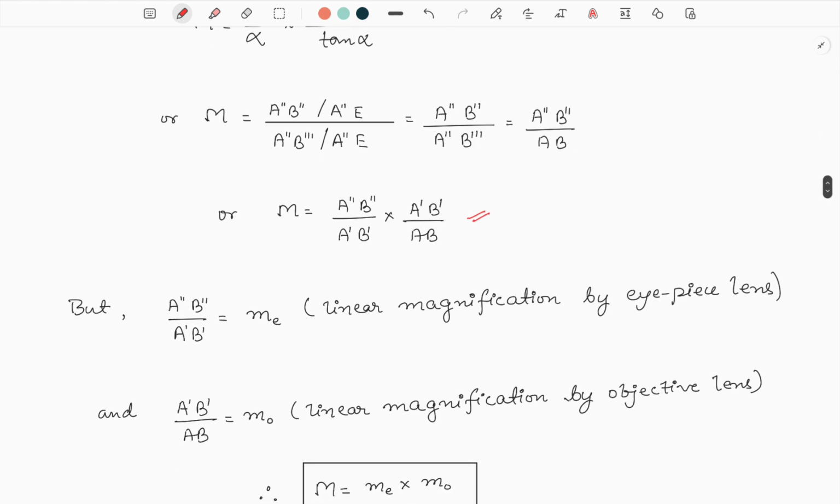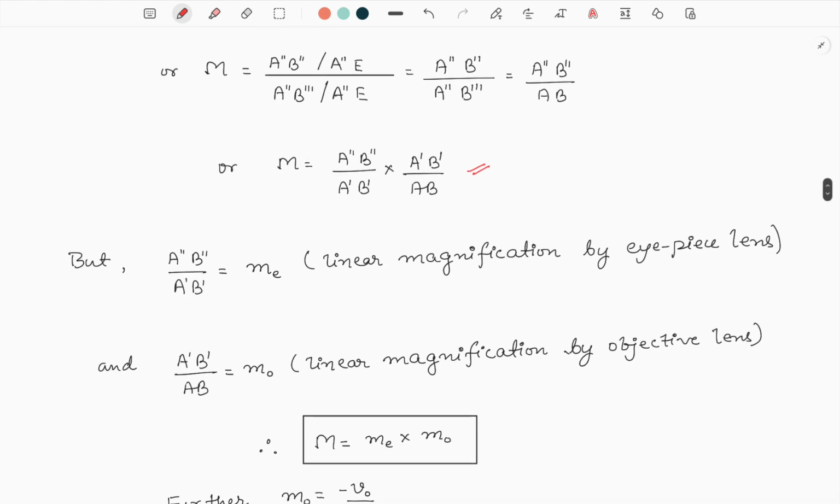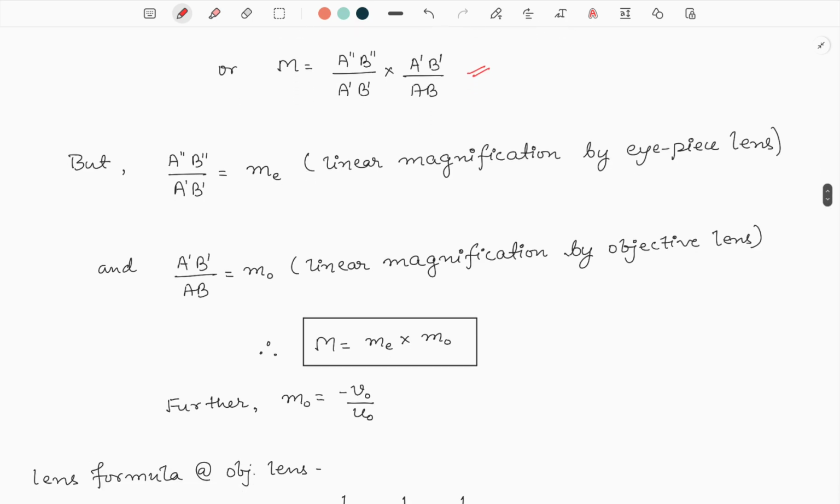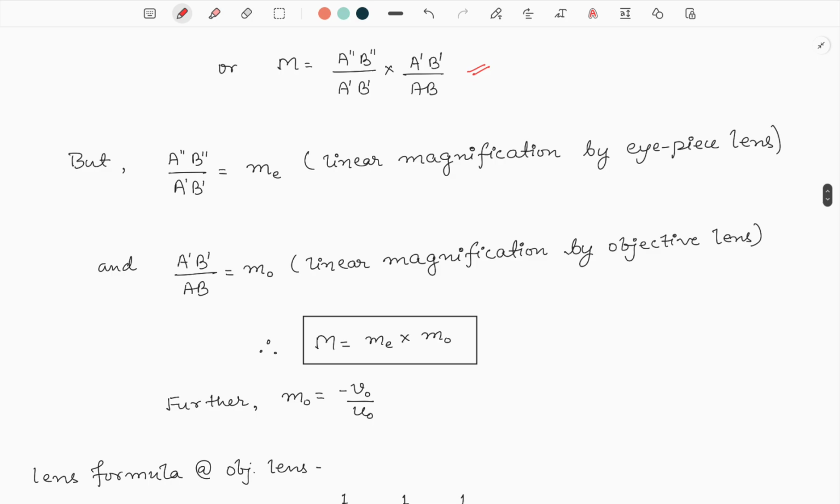Here A double dash B double dash upon A dash B dash is ME, the linear magnification by the eyepiece, and A dash B dash upon AB is M0, the linear magnification by the objective. So completely you get capital M is equal to ME into M0.